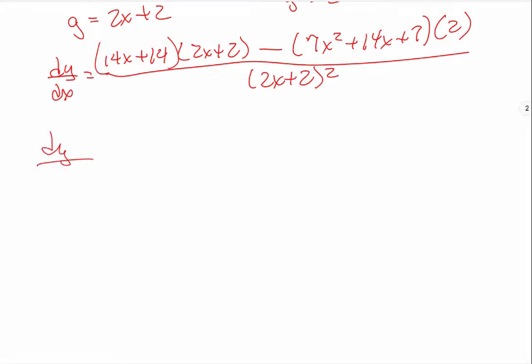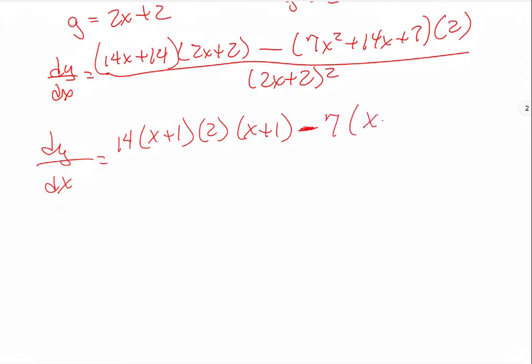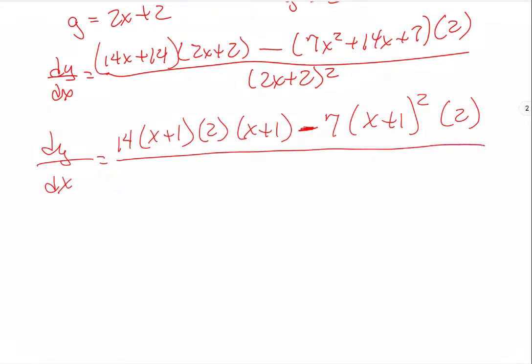So I get that dy dx equals, I'm going to factor out a 14 here, so I get x plus 1, and I'm going to factor out a 2, so I get x plus 1, minus, and this factors into 7 times x plus 1 squared times 2, all over 2 times x plus 1 squared.